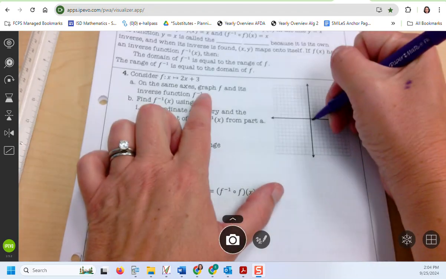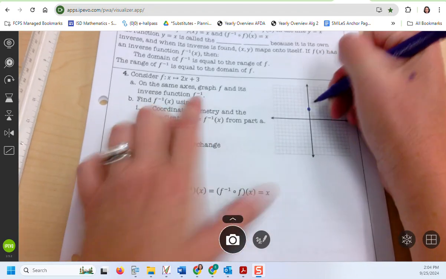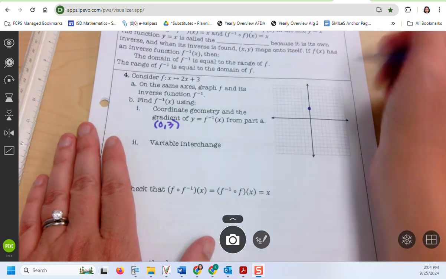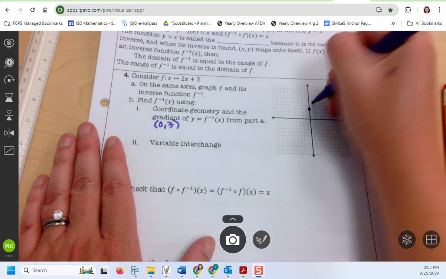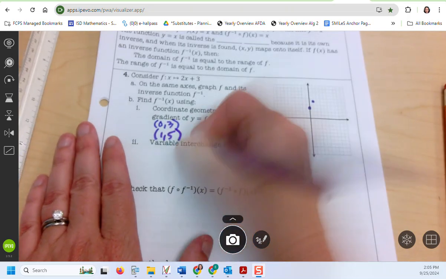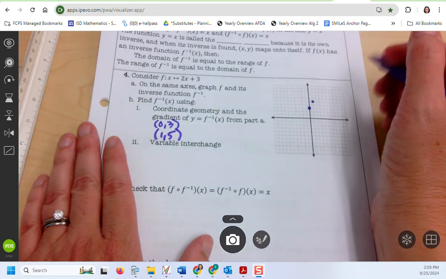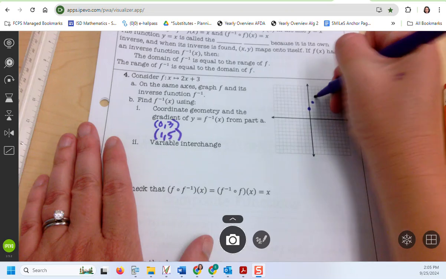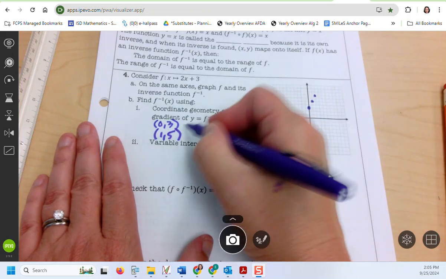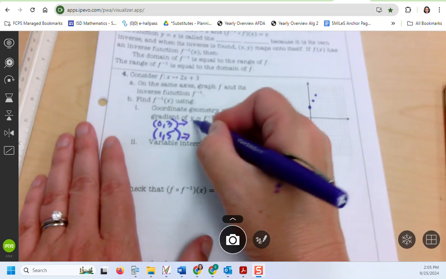All right, let's try. So we said we start at 0, 3, right? That's here. That's one of the points that I'm changing, 0, 3. And then I do a slope of 2, so the next one should be 1, 5. And then the next one would go up 2, and so that would be 2, 7. So these are the points I'm going to be changing. So this should be 3, 0.